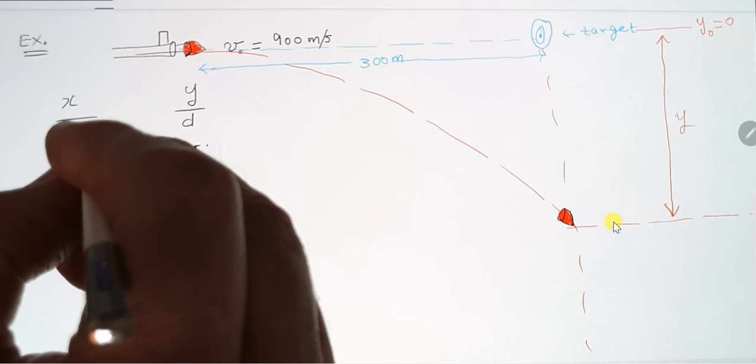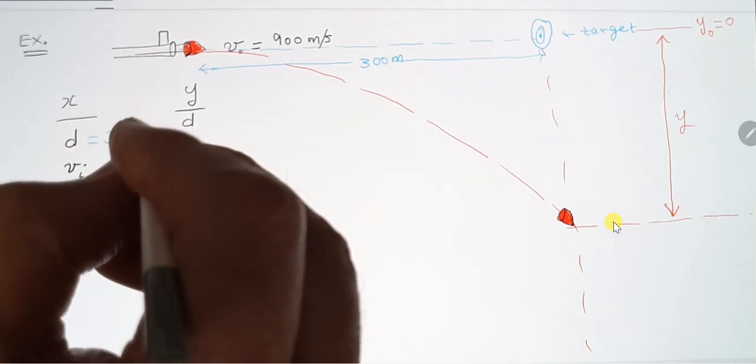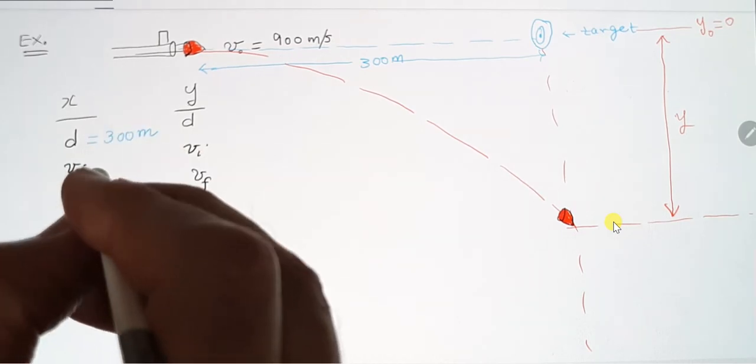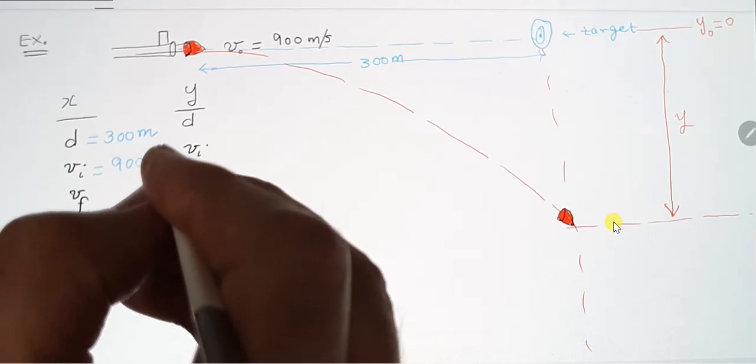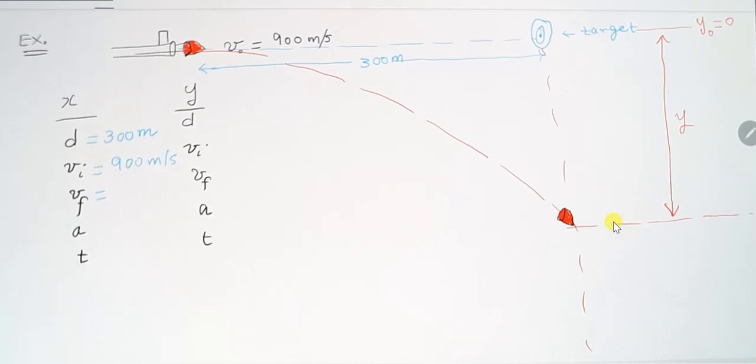D in the x-axis is 300. V initial in the x-axis is 900. What is V final in the x-axis? Same.